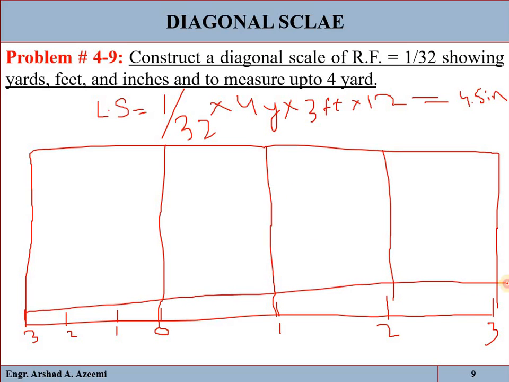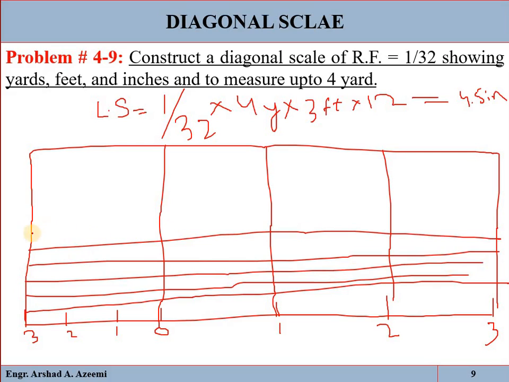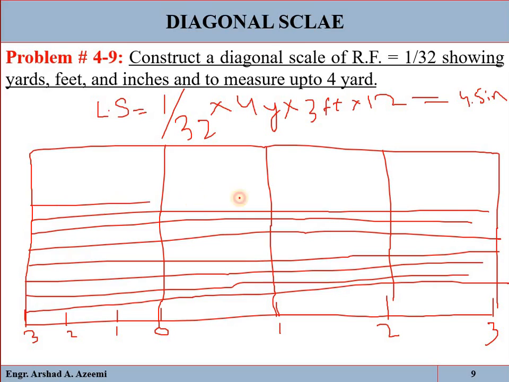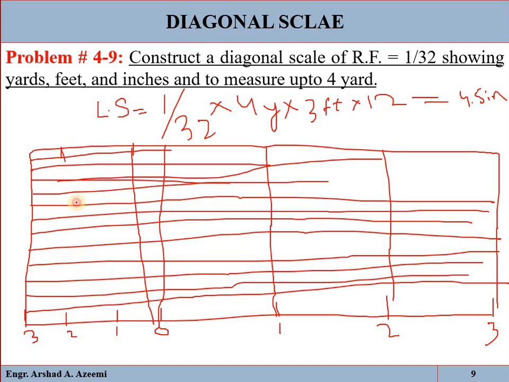For example, 1, 2, 3, 4, 5, 6, 7, 8, 9, 10, 11, 12. Okay, and take here those 3 points. So just join it here, join this one here and join this one here.